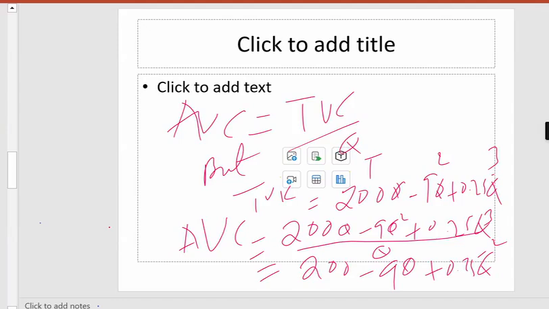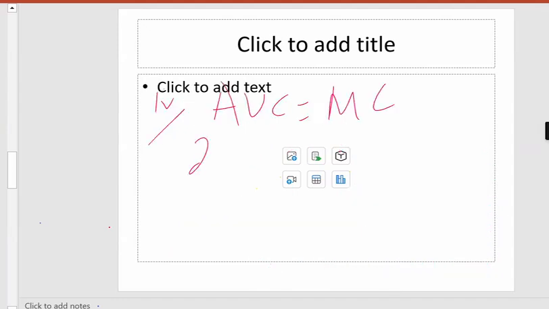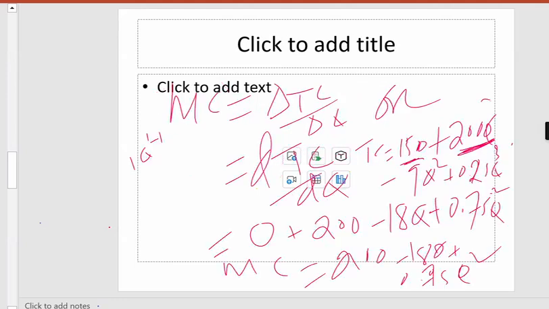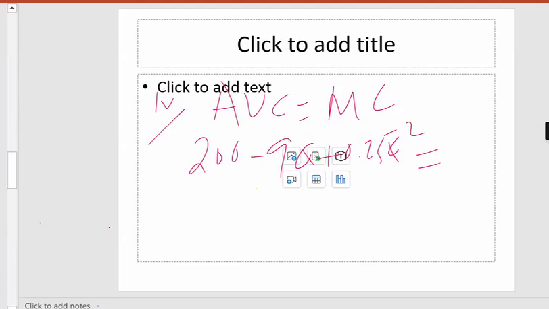What is the average variable cost? It is 200 minus 9Q plus 0.25Q square, is equal to the marginal cost, which is 200 minus 18Q plus 0.75Q square.